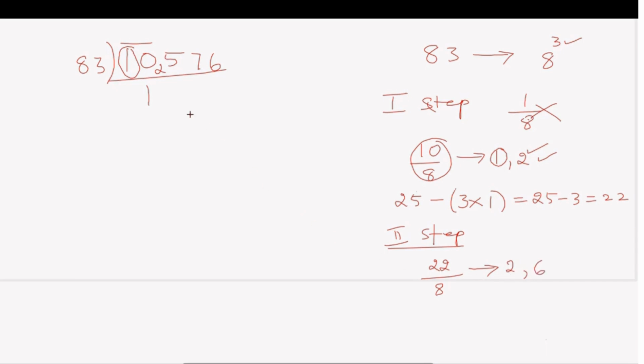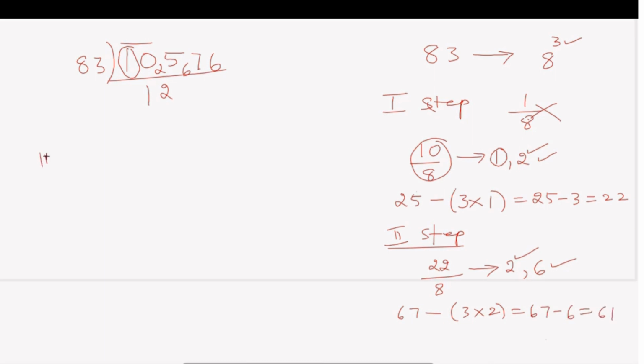Write this 2 right under 25 and the remainder 6 beside 7 to make it 67. Take this 67 and subtract the product of the index and the quotient 2 of the last division. 67 minus 6 gives you 61.